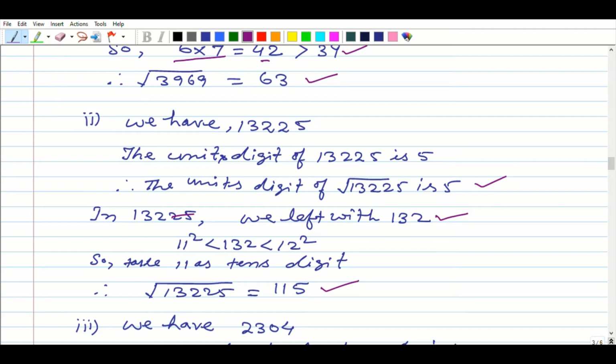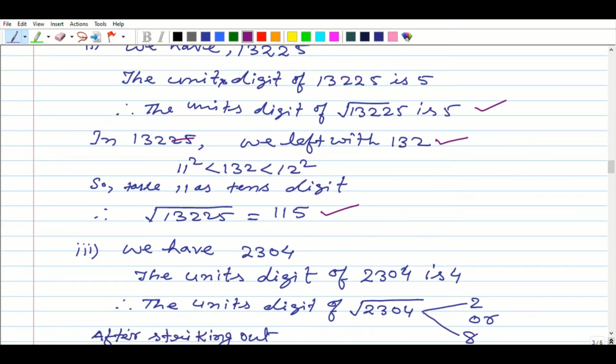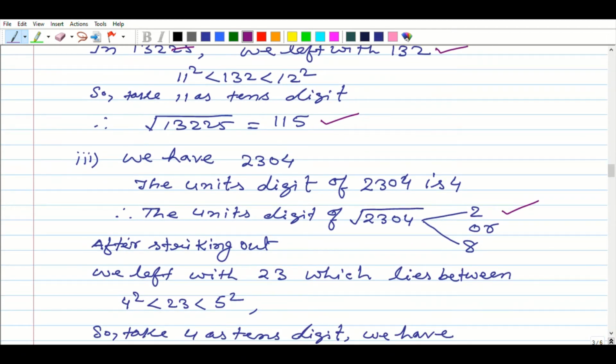In the third, we have 2304. In this number, the units place digit is 4, right? So we get the units place digit. Then the units digit of the square root of 2304 will be 2 or 8, right? So we are left with 23, which lies between 4 square and 5 square.